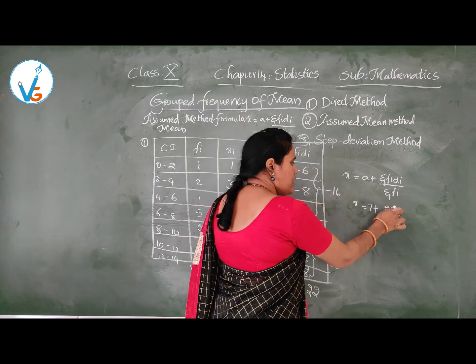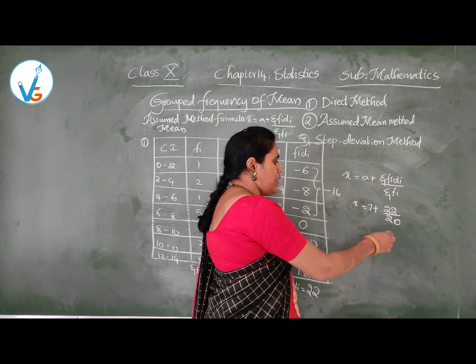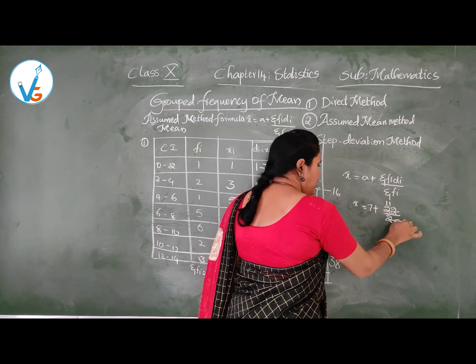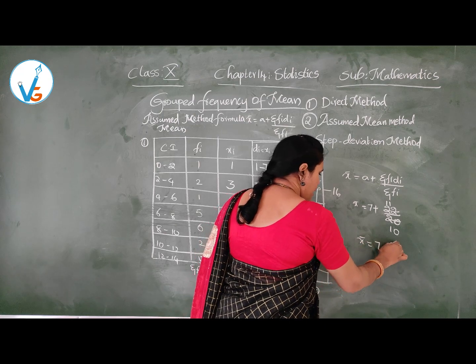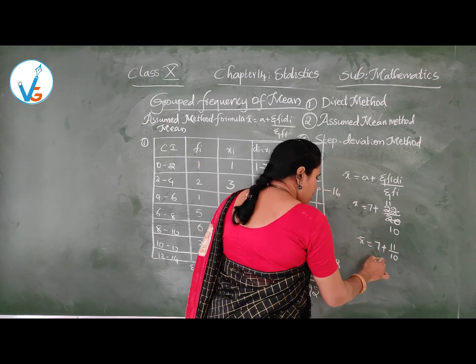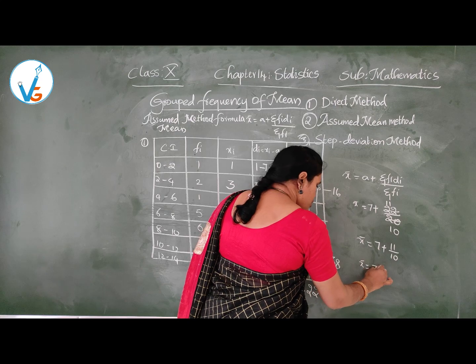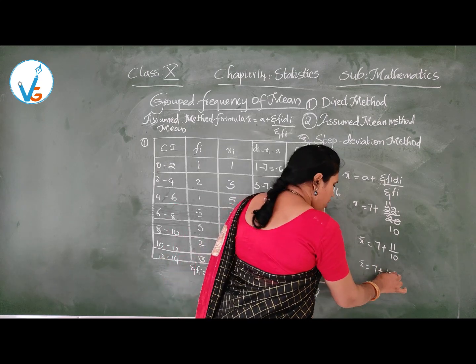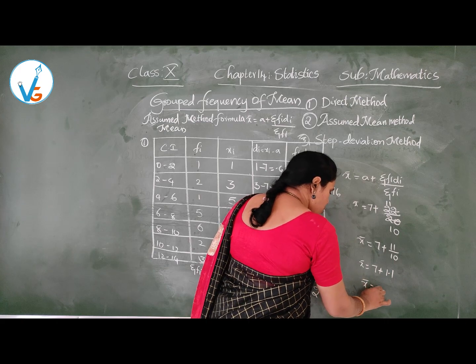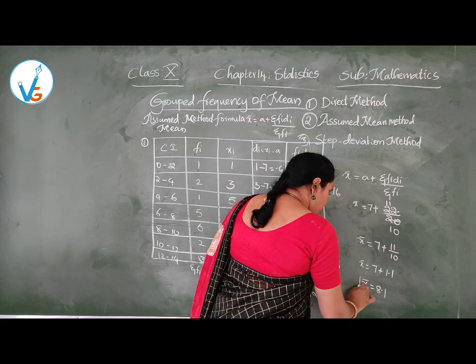So these two numbers can be cancelled by the 2 table. So 2 11s and 2 10s. Then you will get x bar is equal to 7 plus 11 by 10, which can be written as 1.1. So x bar is equal to, you will get your answer as 8.1.